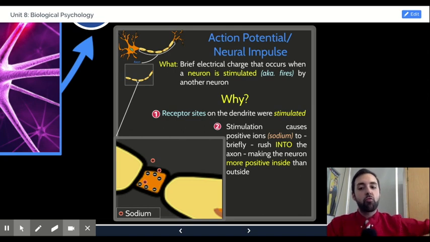When there is this big rush of positive ions into the interior of the neuron, it briefly causes a change in charge, at least relative to the environment. And it literally causes an electrical charge to be produced. That individual electrical charge itself is called an action potential. And it doesn't just stay at one part of the neuron.